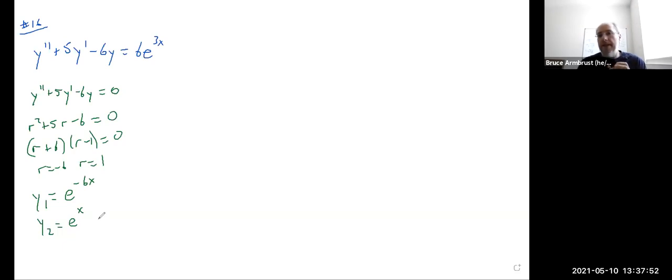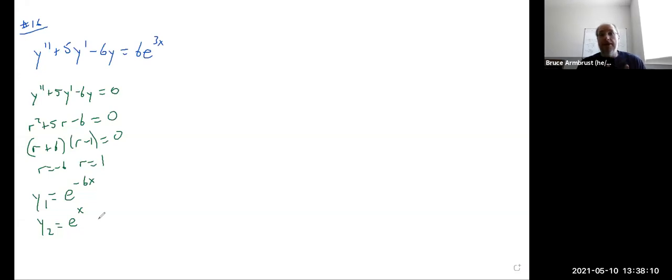All right, so there's a fundamental set of solutions for the homogeneous part. Hopefully by this point, you guys are getting pretty good with this. It's pretty quick. It's not that hard.